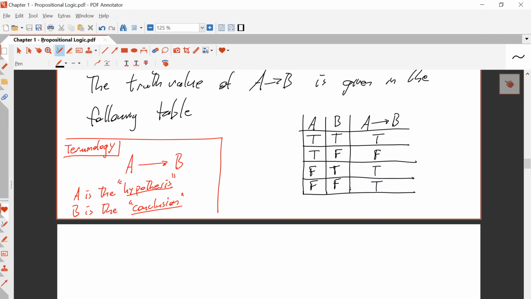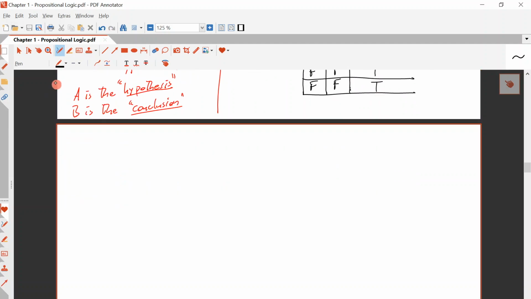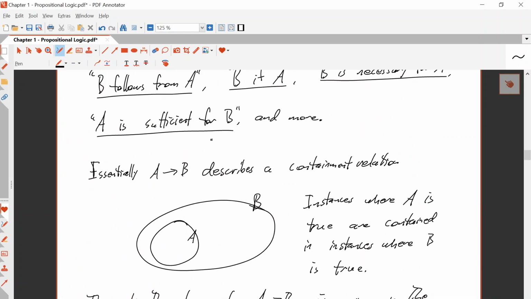Okay, so that's number 3. Number 4, logical equivalence. Let me say it the same way.